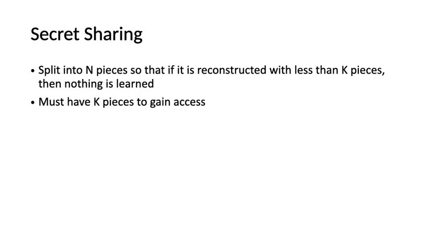You must have X amount in order to gain access. In other words, if it's split into 10 pieces and you have to have 8 pieces to reconstruct the information, then if you only had 7 pieces of it, nothing would happen. You have to have 8 to gain any information.